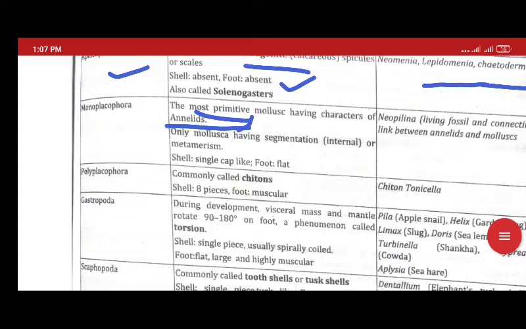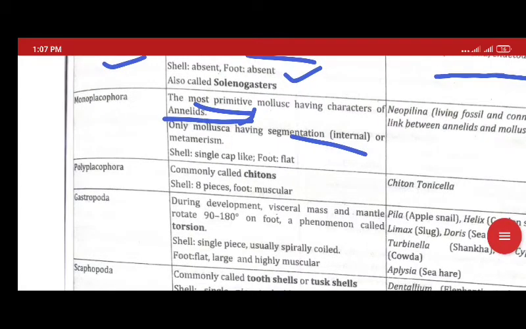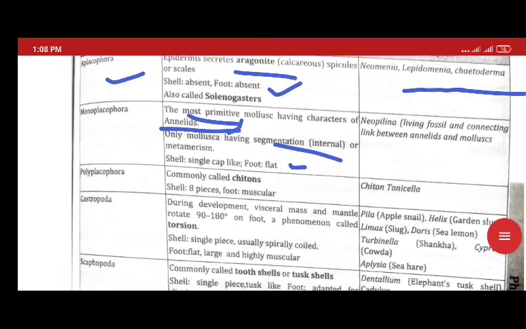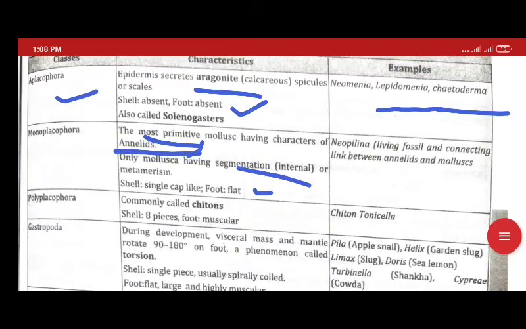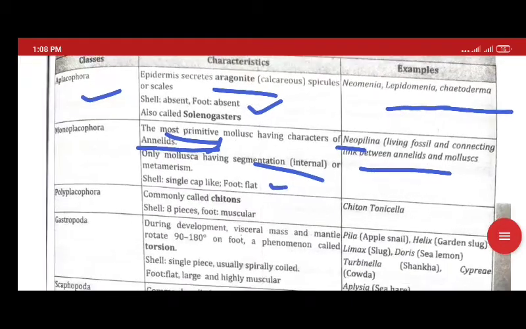Now Mollusca are internally segmented only, but Annelida are both internally and externally segmented, so called metamerism or annuli type. The shell is single cap and the foot is flat here, both present. This is the primitive type. So the living fossil and connecting link between Annelida and Mollusca occurs here, that is Neopilina in Monoplacophora.